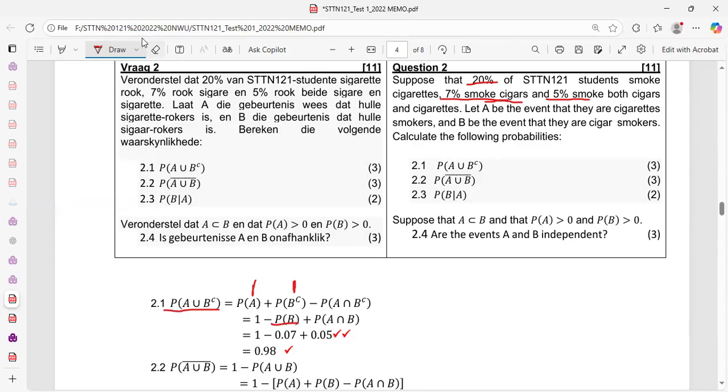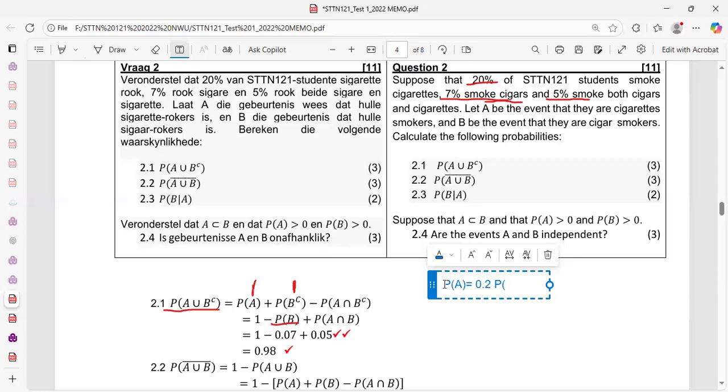Okay, guys, let's write it like this so that you can see what I'm talking about. They said let event A be the event that they are cigarette smokers. According to the question, 20% of the STN121 students smoke cigarettes. The probability of A is equal to 0.20.